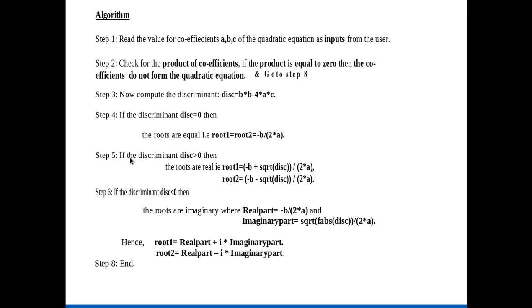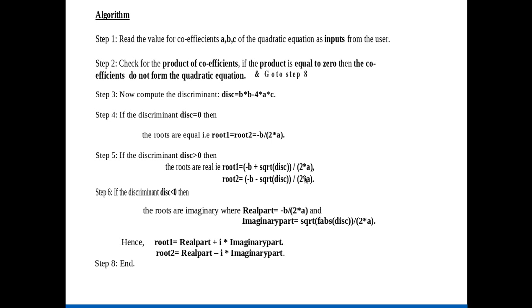If it is positive, then the roots are real. Real roots are computed as root 1 equal to minus b plus square root of discriminant, divided by 2a, and root 2 is minus b minus square root of discriminant, divided by 2a.